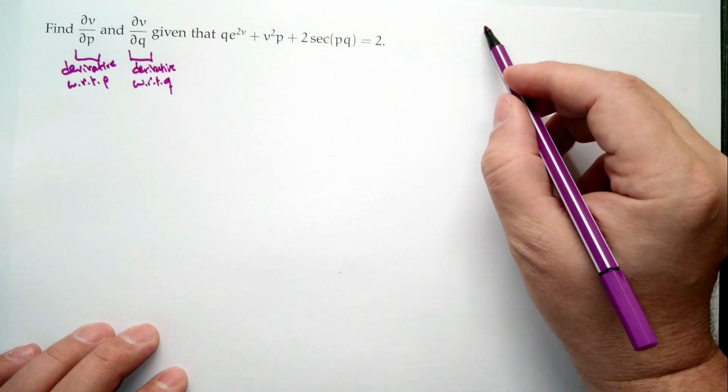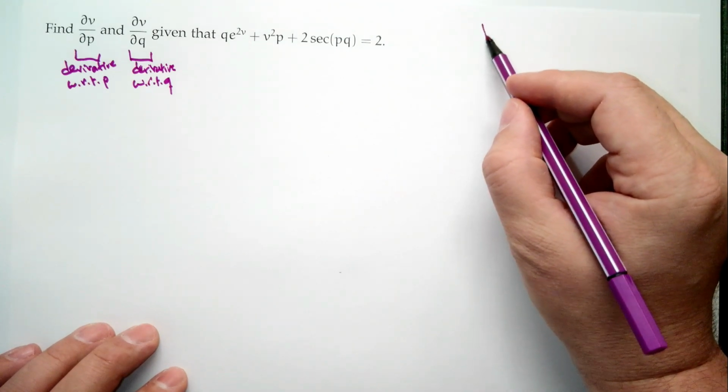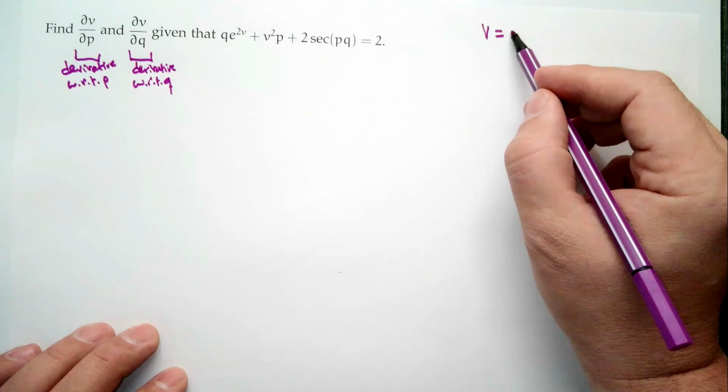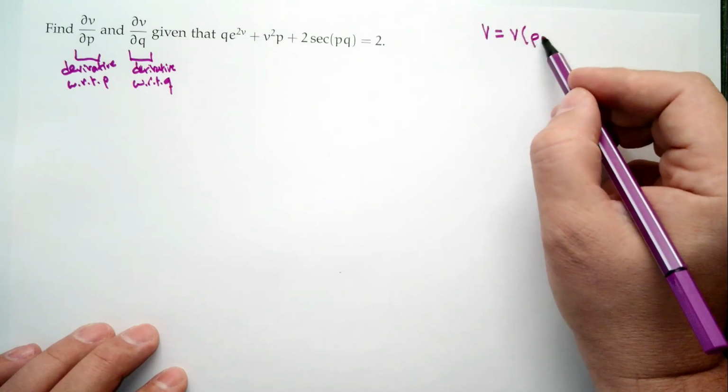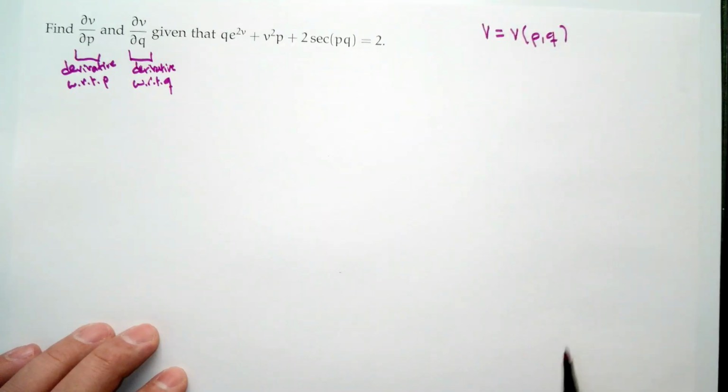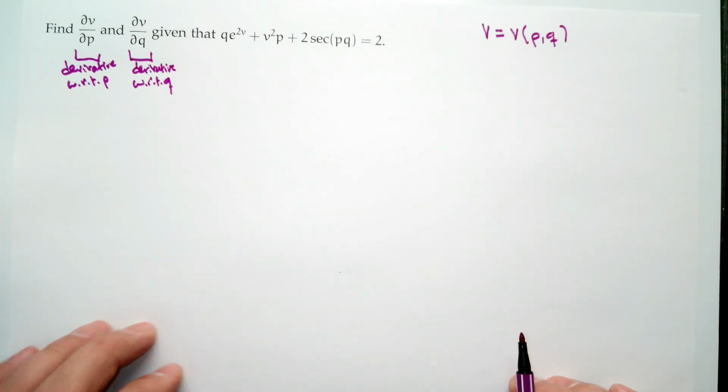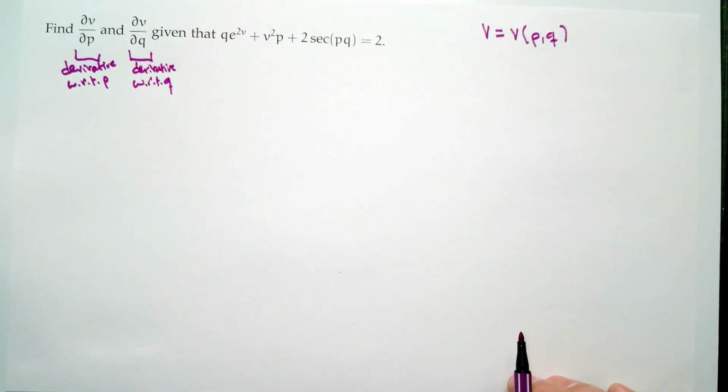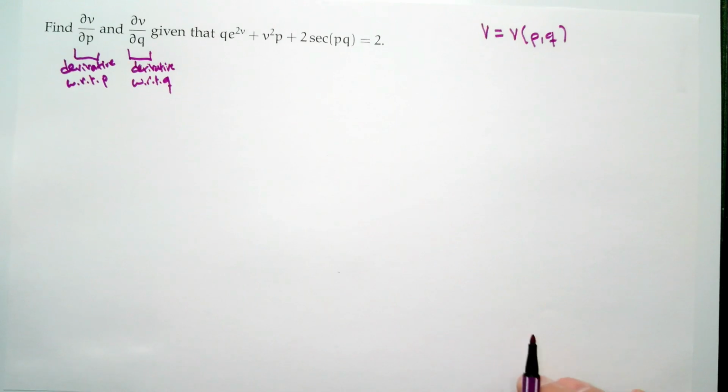So whenever I see a v, in my mind, I'm going to think of this as v of p comma q. So I'm thinking of v as being a function of p and q. What does that mean?